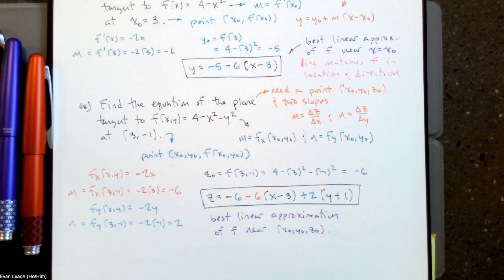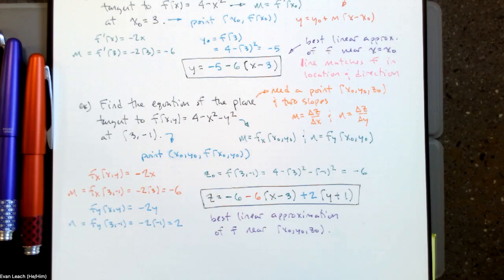So if we looked at some small changes in x and some small changes in y, we can see that those values are going to be close to -6. If we try to approximate what's going on at 3.1 and we did not get a value that is close to -6, we would say something has gone horribly wrong. It's weird to ask that question considering we already know perfectly well what the function is.